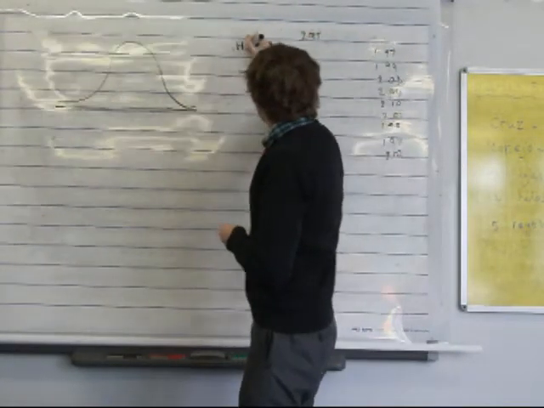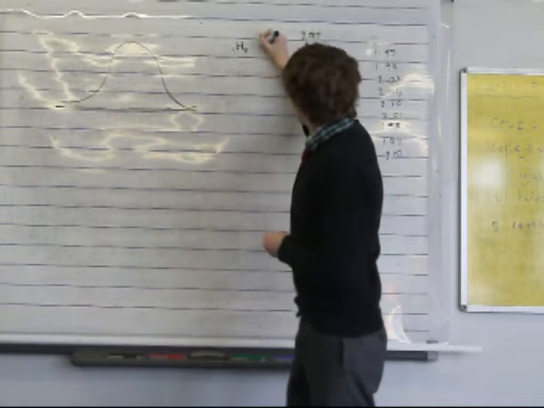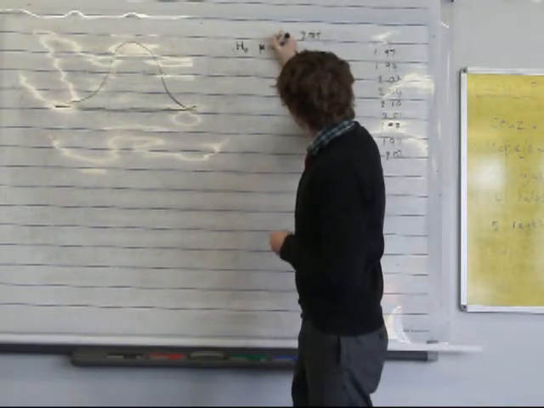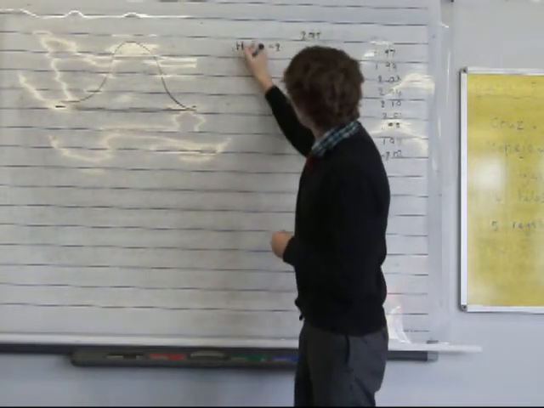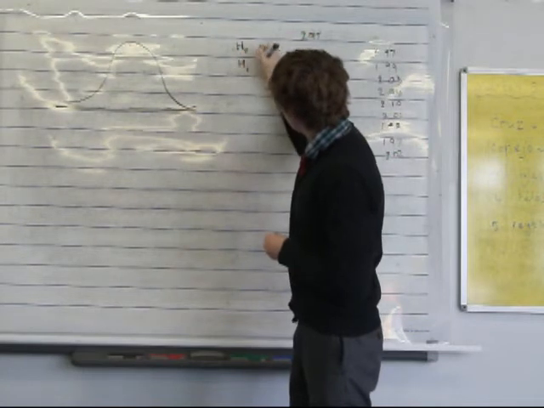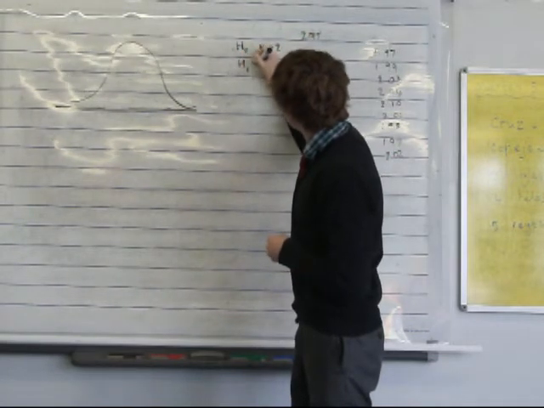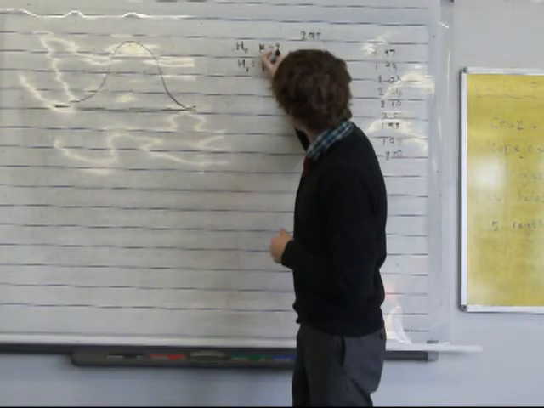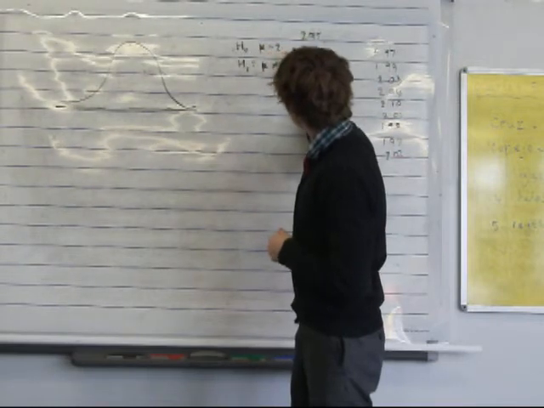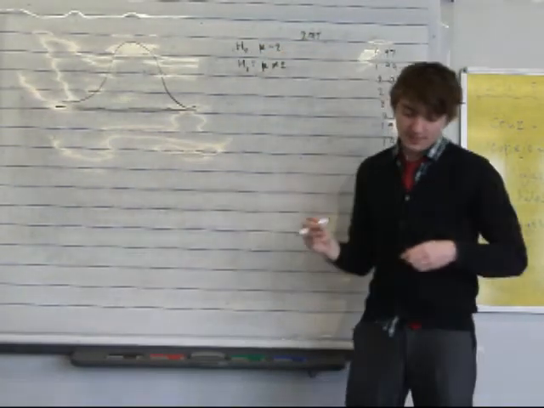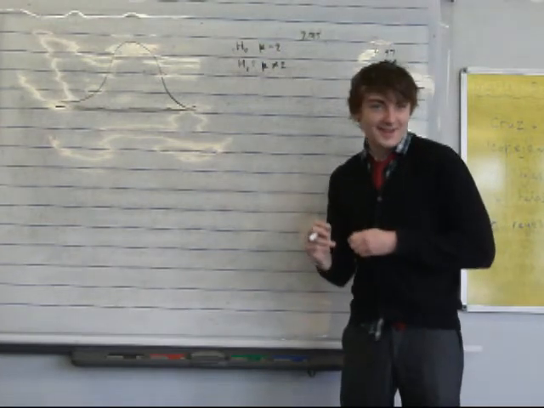So, the null hypothesis is that the mean is 2, and the alternative is that the mean is not equal to 2.